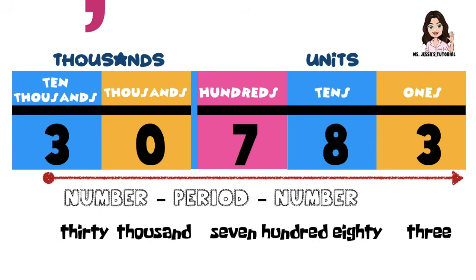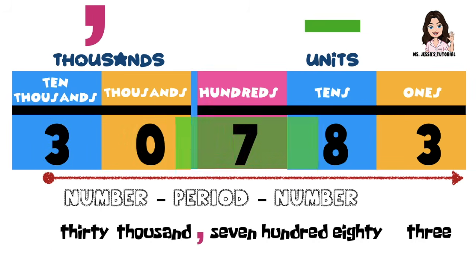So now, let's apply the use of comma and hyphen. Again, children, comma is written after the word thousand. Very good. While hyphen is written between the tens and the ones number. So now, let's look at the thousands period. We have 30. Since 30 is only one word, we will not use the hyphen. So let's proceed to the units period.